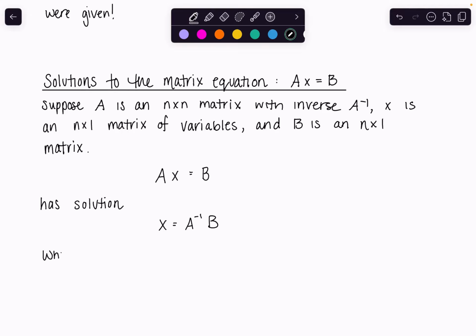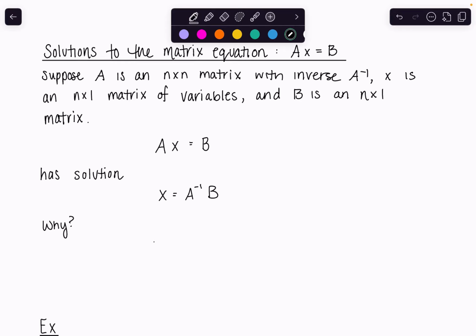So why is this the case? Well, it really just boils down to inverses. Since AX equals B, I'm going to multiply this equation by the inverse of A. And remember, the order does matter. So I'm multiplying on the left.